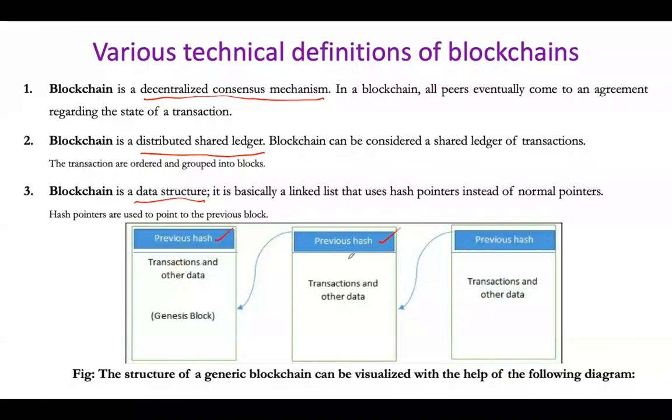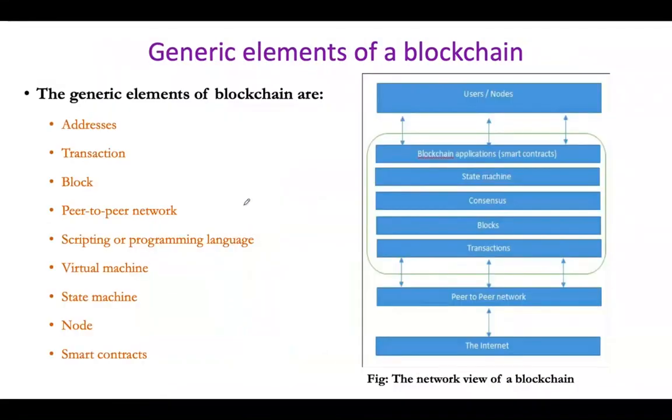This diagram shows the generic structure of blockchain. From here, you can see the generic elements involved in blockchain technology. In the network view of blockchain, you will find the users, or what we call the nodes, and the blocks, the participants, and it is a peer-to-peer network available through the internet.